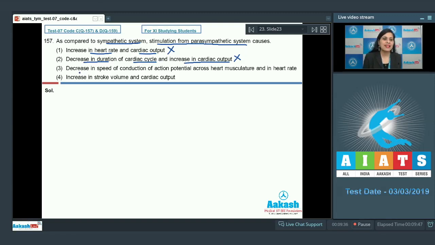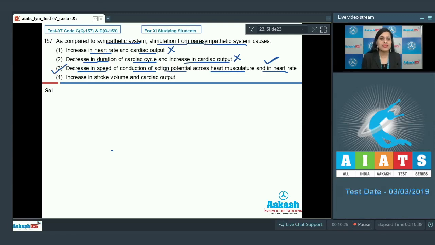The next statement is decrease in speed of conduction of action potential across heart musculature and in heart rate. And as it is a correct option, so this is a correct answer to our question, because stimulation from parasympathetic system decreases the speed of conduction of action potential across heart musculature, decreases the heart rate, and increases the duration of cardiac cycle.